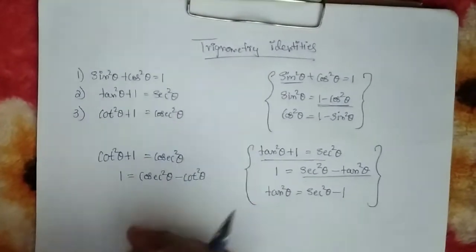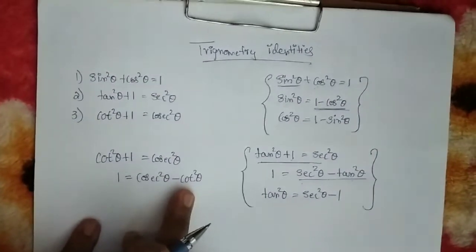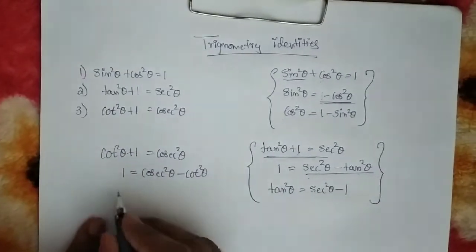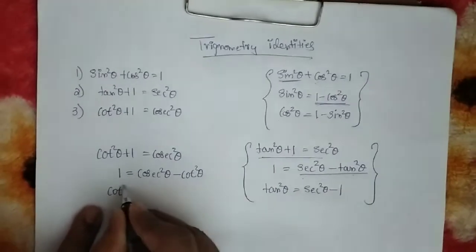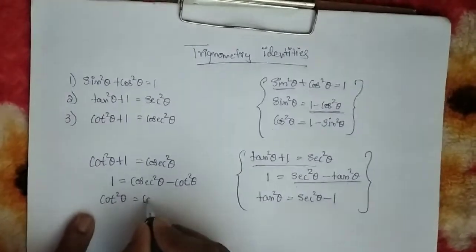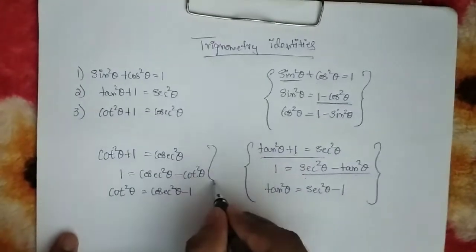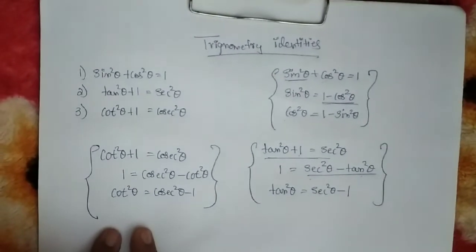So whenever it is necessary, instead of cosecant square theta minus cot square theta, you can write it as 1. Okay. Again, the third way is I'm shifting this 1 to the right hand side. So what I will get here: cot square theta is equal to cosecant square theta minus 1. Okay. So these are the three ways in which this identity can be written.